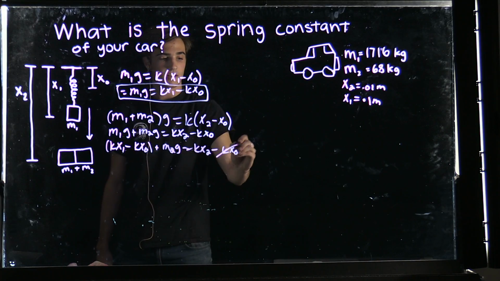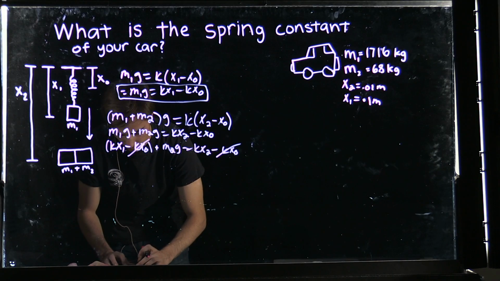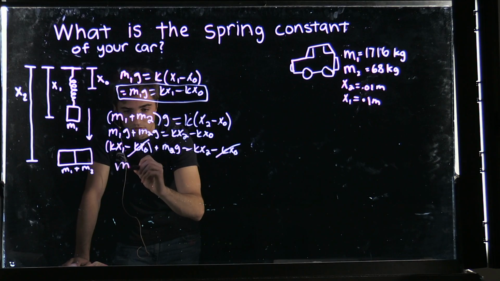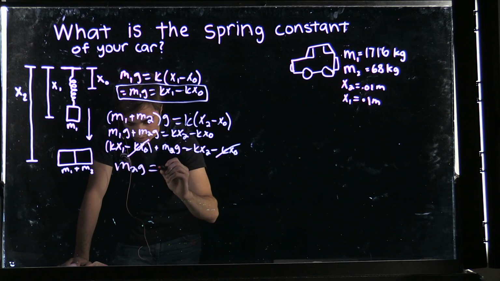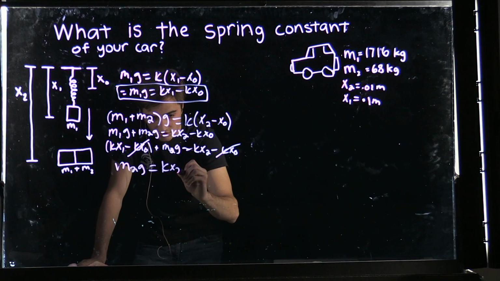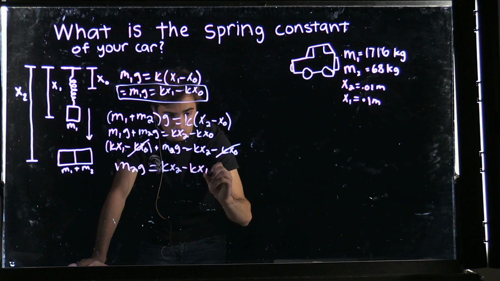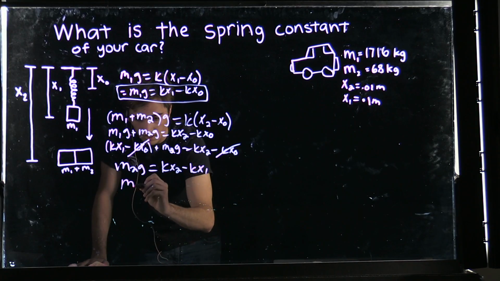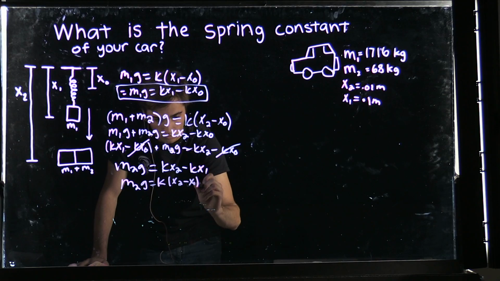We see that the k x naught cancels, and that leaves us with m2 g equals k x2 minus k x1. Now, we can simplify this to m2 g equals k times (x2 minus x1).